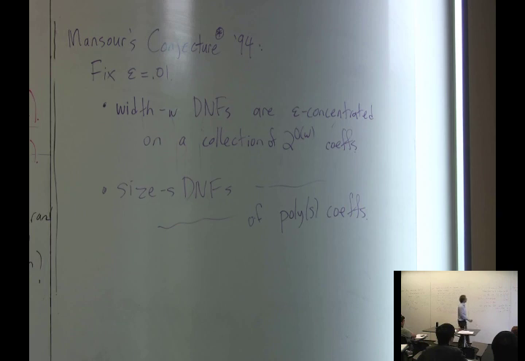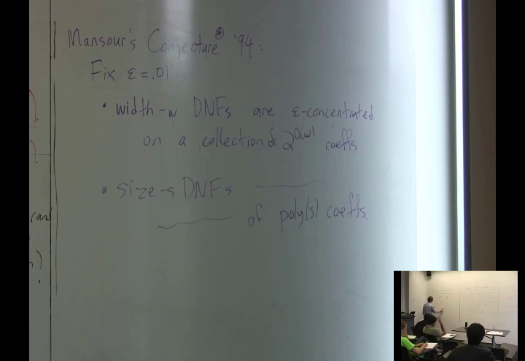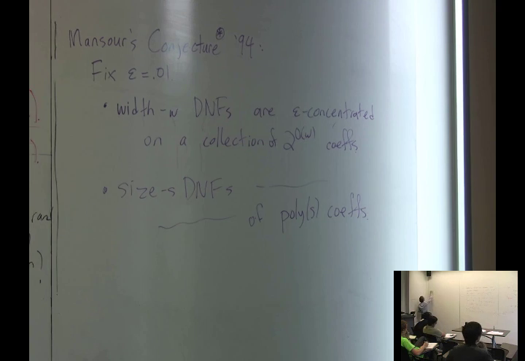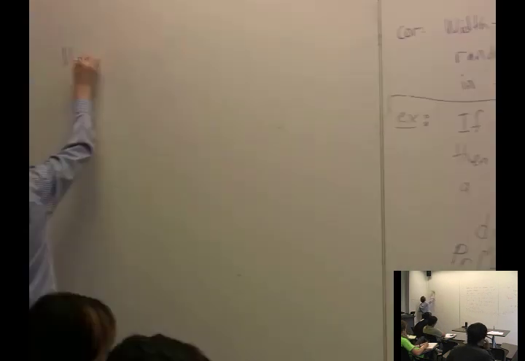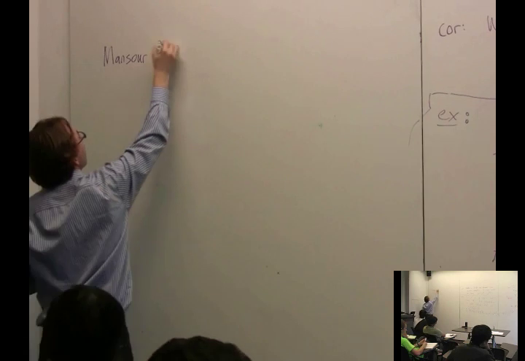So that's kind of a dream goal that's been open for a long time, 18 years. And Mansour himself actually came somewhat close to proving this. One year later, he proved the following, and we're going to prove this next class.